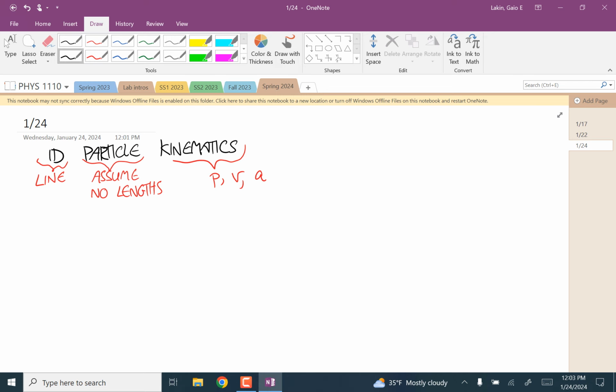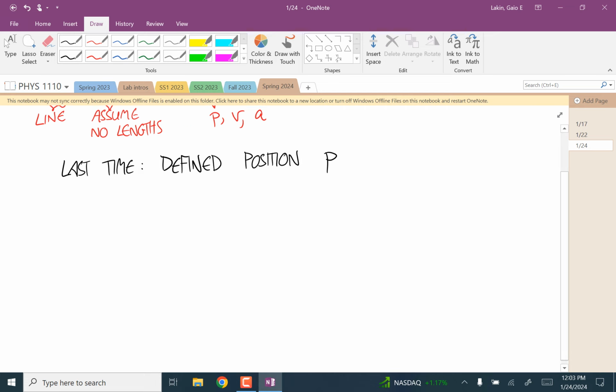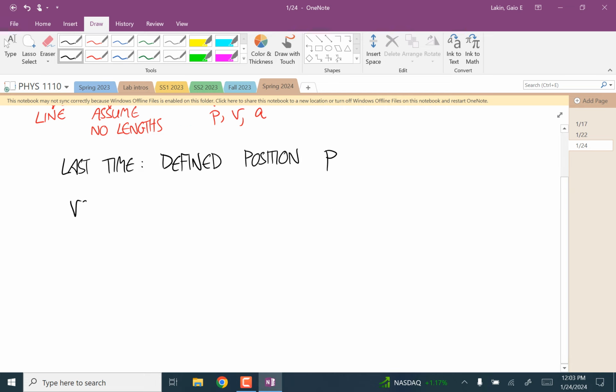So now I need to introduce velocity and acceleration. So last time I defined the position. And so now I'm going to start with velocity.